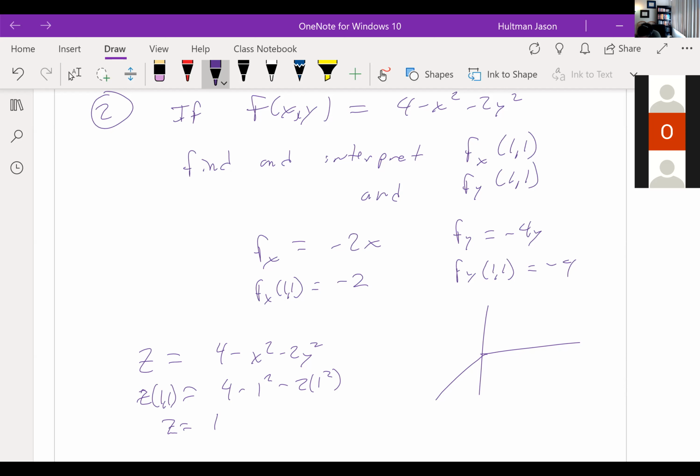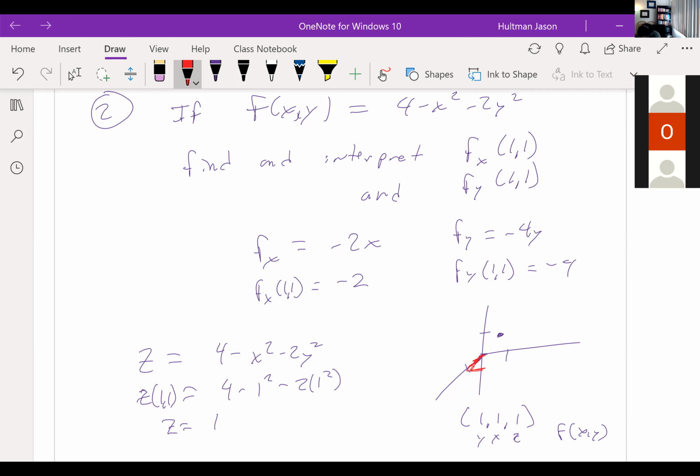So at the point (1, 1, 1), because that would be x, y, and z, which we're calling f of x, y. At that point (1, 1, 1), where's that point? That point would be 1, 1, 1, right? So we would go out 1 in the x direction.